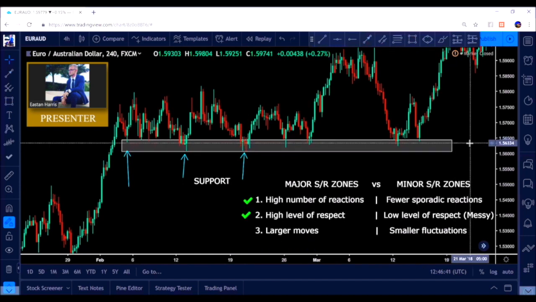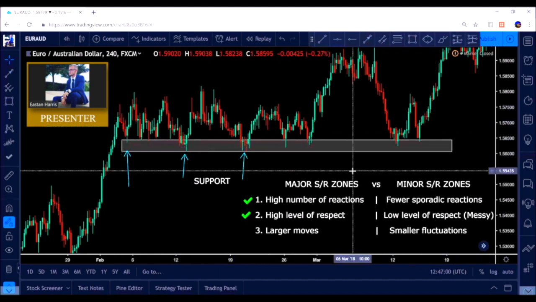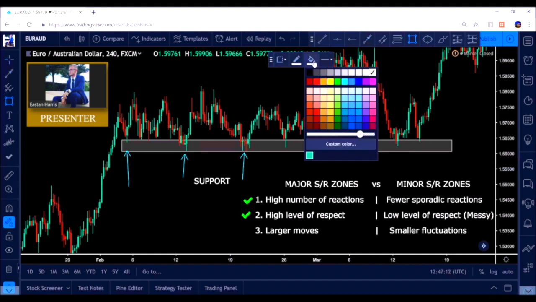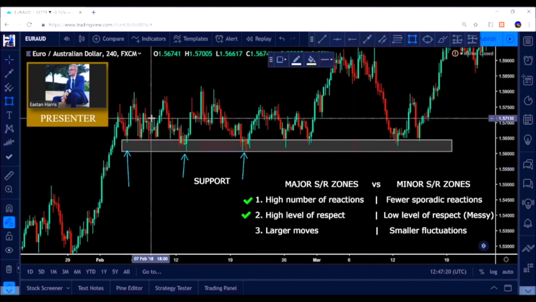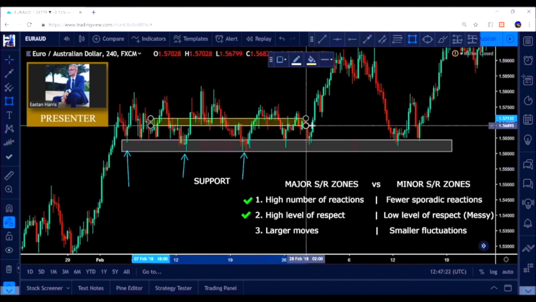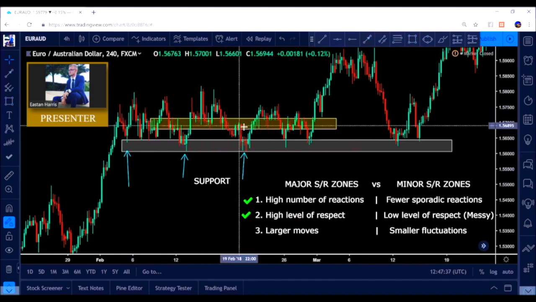Okay, now let's look at number three, larger moves. Everything is relative. Do we have decent moves through here? Well, we have to compare that to all the moves that are here. There is another zone within this one, and you can see price interacting within these parameters, but there are no massive moves coming off here.